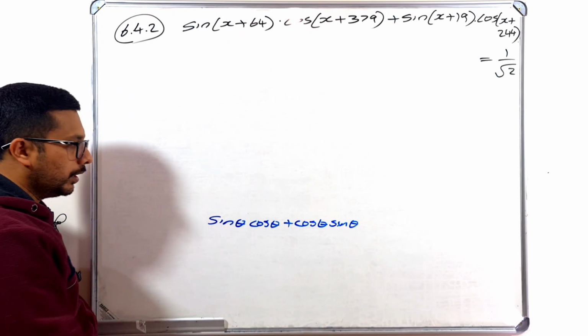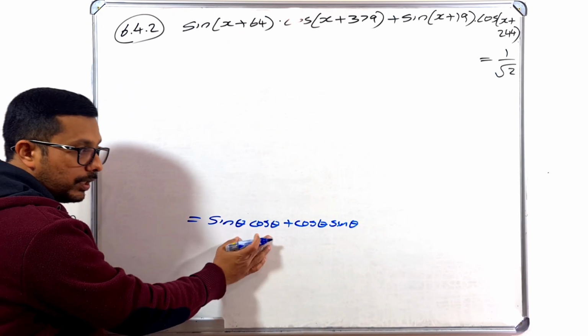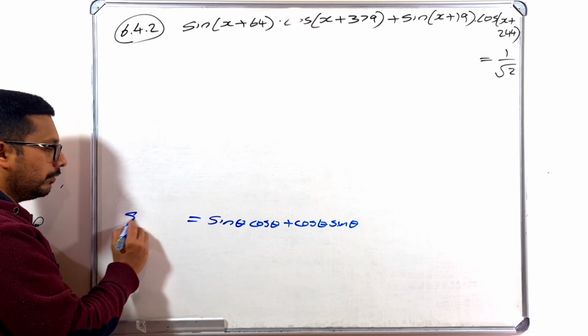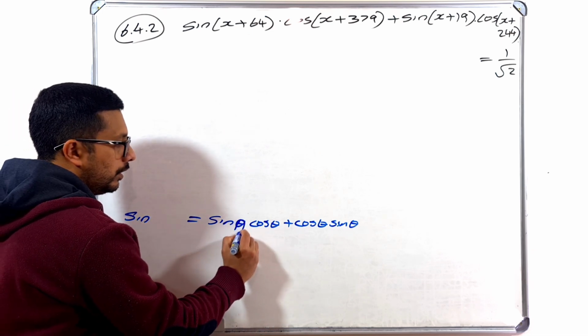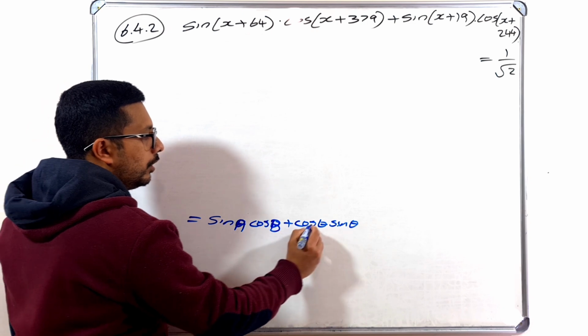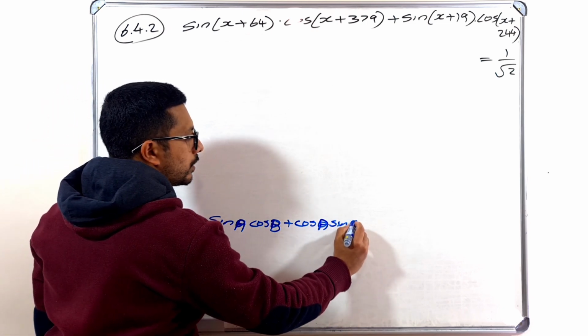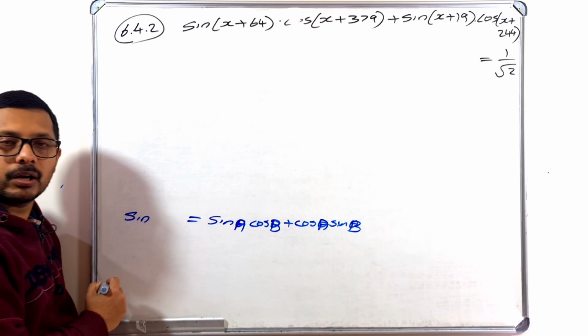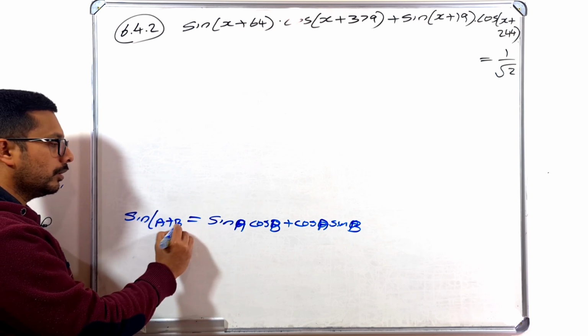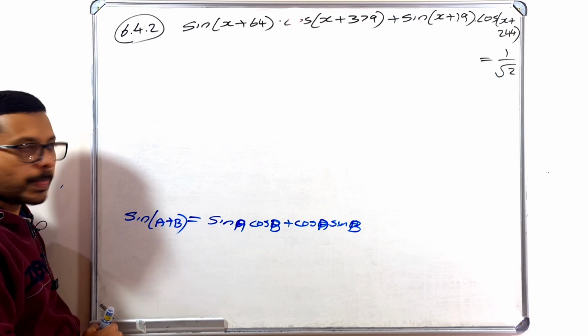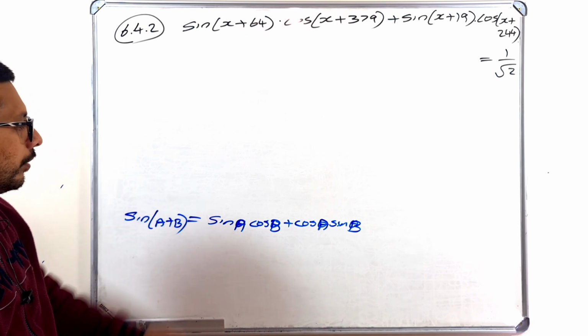What we know is sine a cos b plus cos a sine b. If it is like this, how can we write it? As sine of a plus b. Am I right?